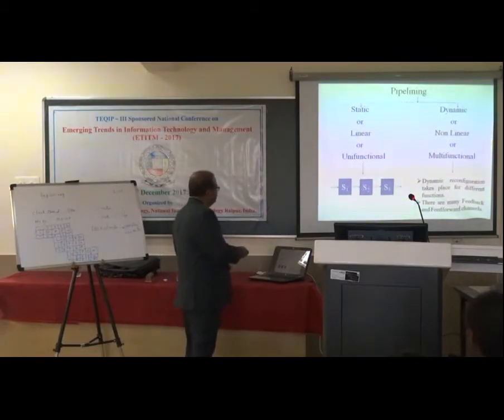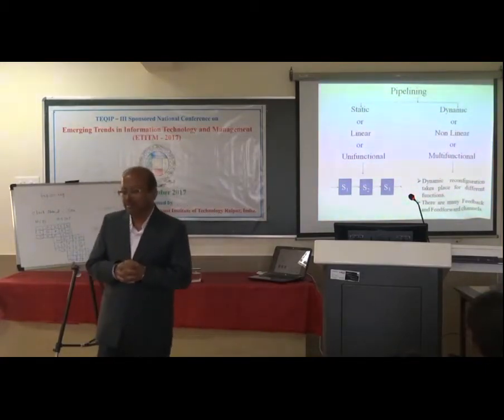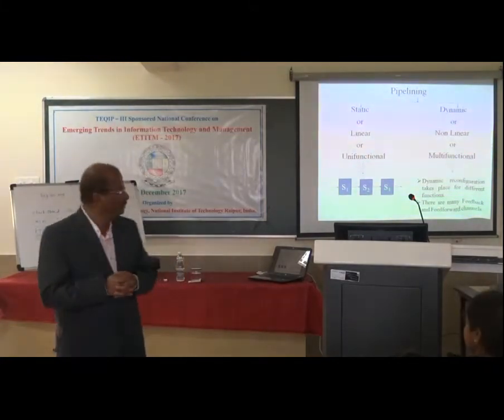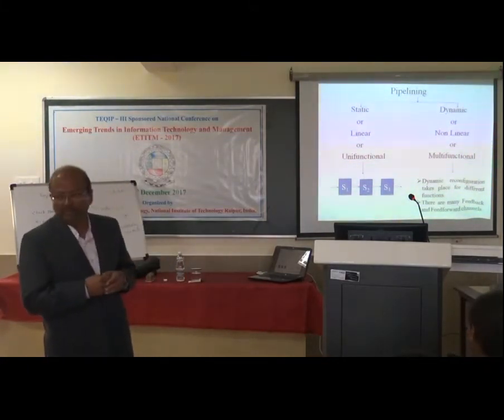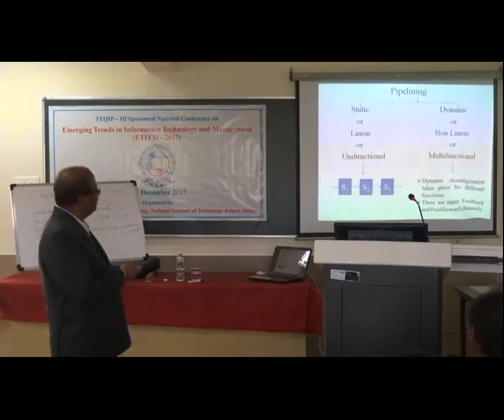So anyway, we have seen the classification of pipelining according to the two scientists. But here we are trying to simplify pipelining as static pipeline and dynamic pipeline. This static may also be called linear or unifunctional.